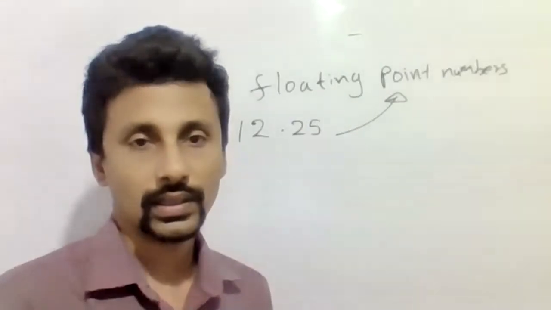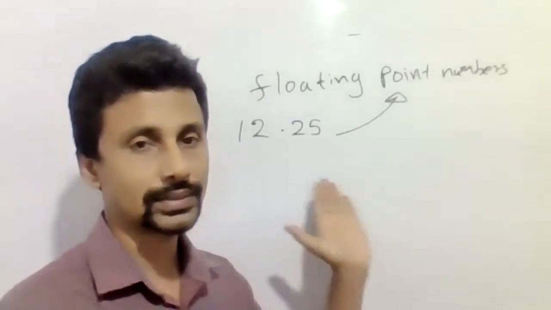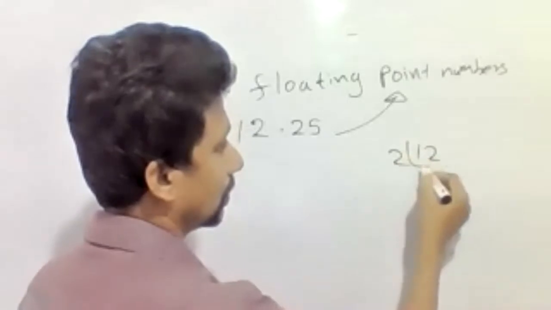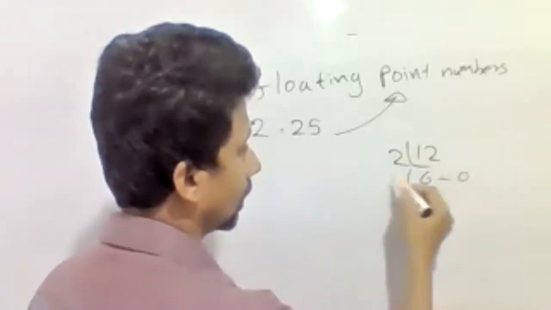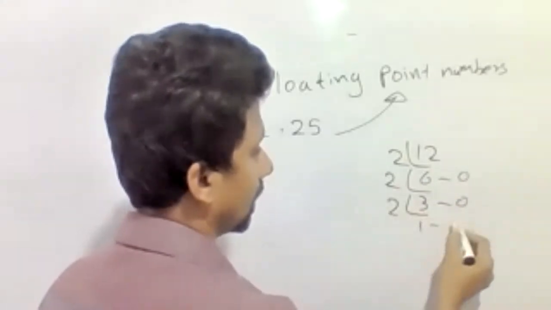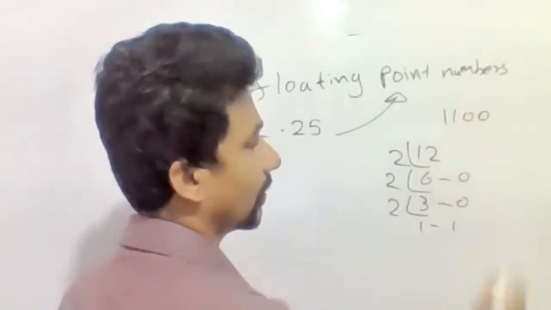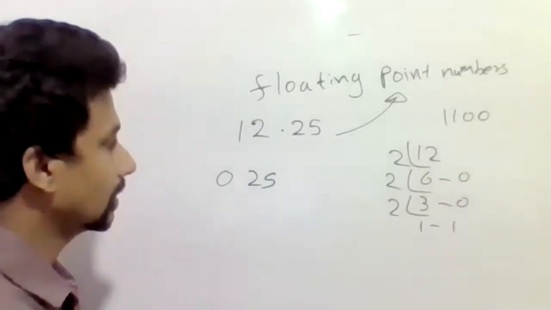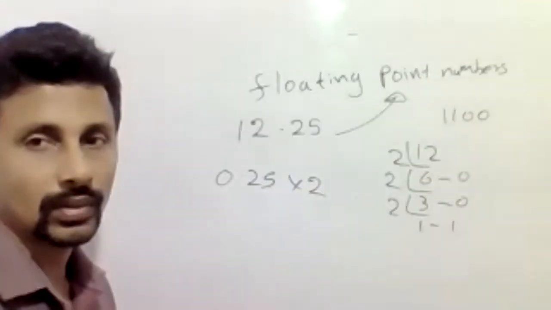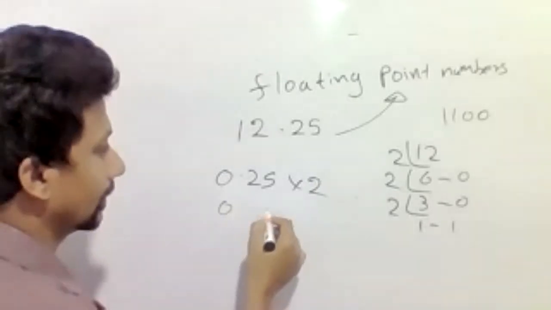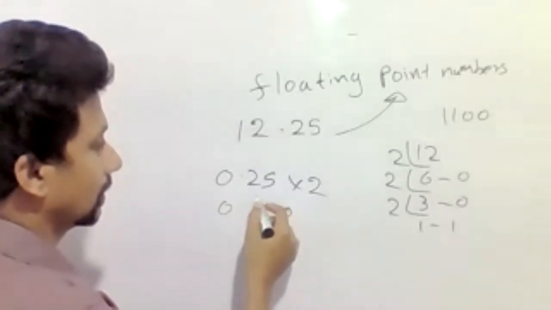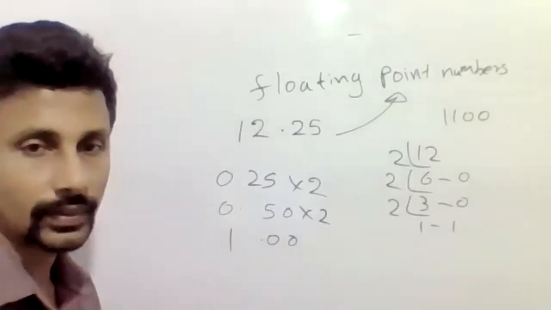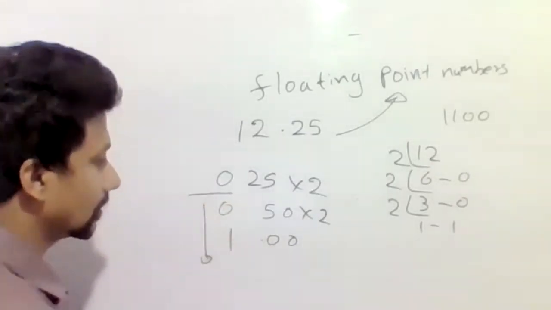You now know how to convert this type of number into binary. 12 you divide by 2 repeatedly, and you get 1100 for the 12. 0.25 we have discussed how to convert to binary: multiply by 2, you get 0.5, again multiply by 2, and this part is your answer.